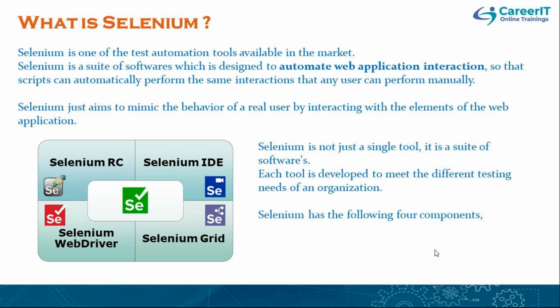Selenium IDE is a record and playback tool where you can simply record your actions and play them back. Selenium WebDriver is the main component of all; using it, we are going to automate main applications. Selenium Grid is for distributed automation, whenever you want to run your automation scripts on remote machines. So these are the four different components.